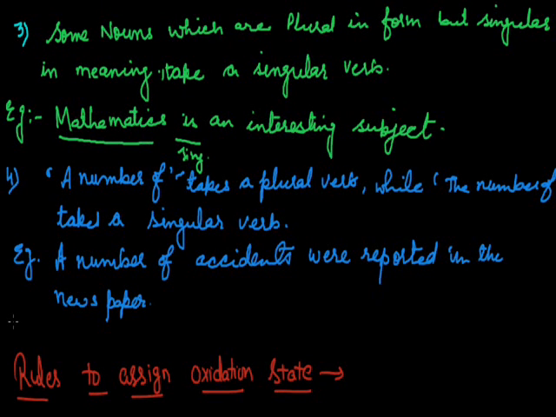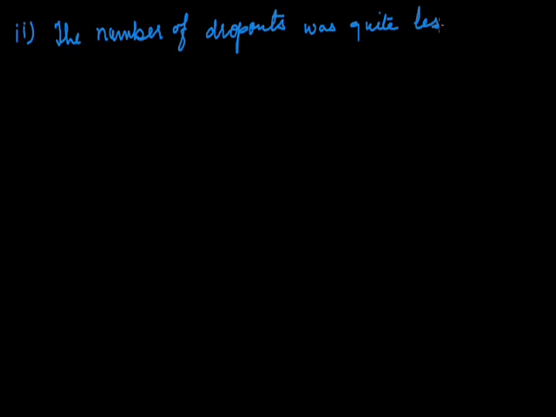Shall I write another sentence with the number of? Now I'll take another example using the number of. The number of dropouts was quite. As I told you, we use the number of, then we use singular verb.